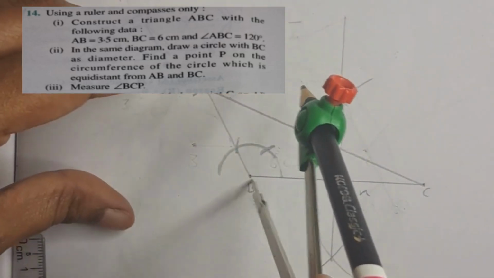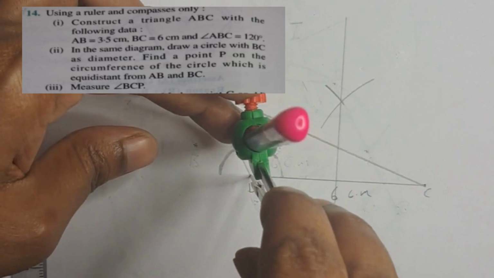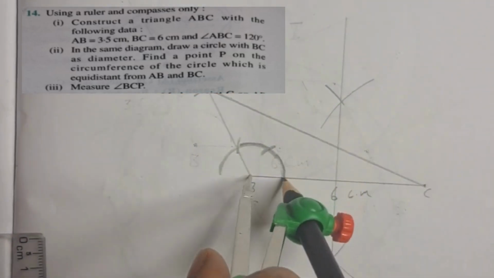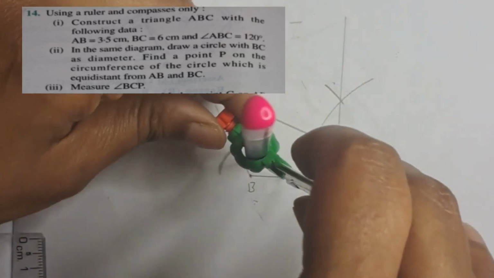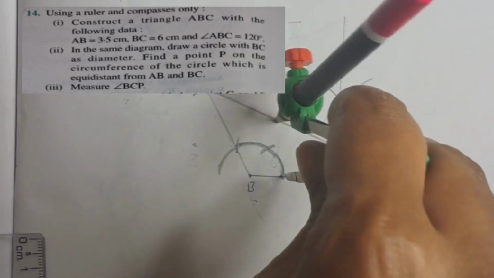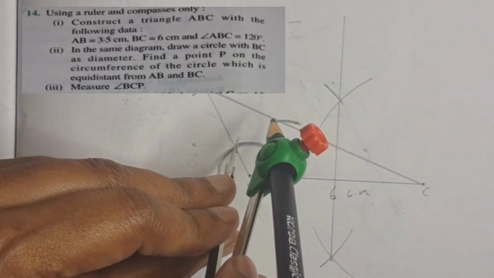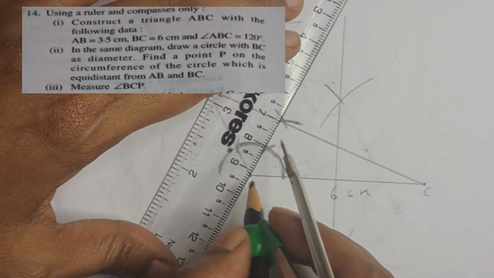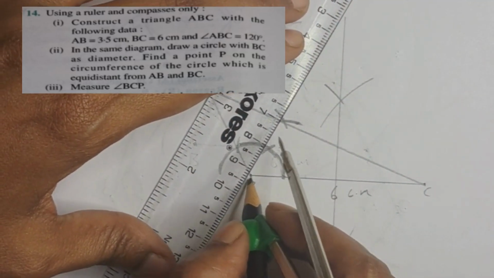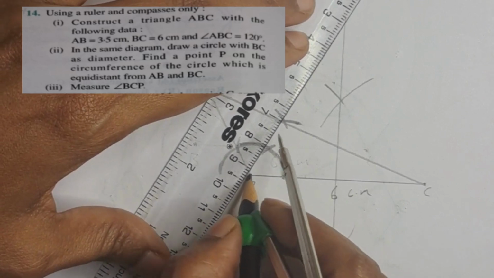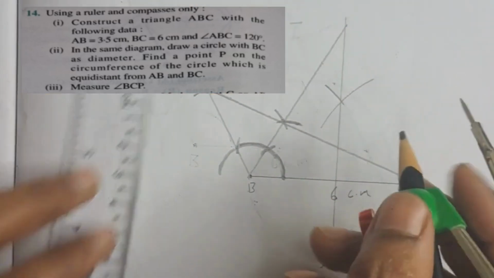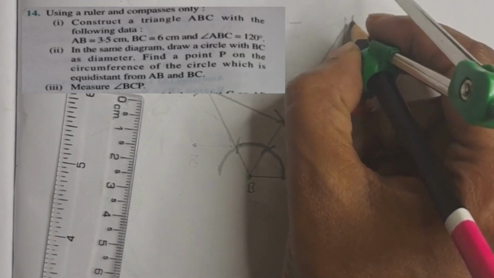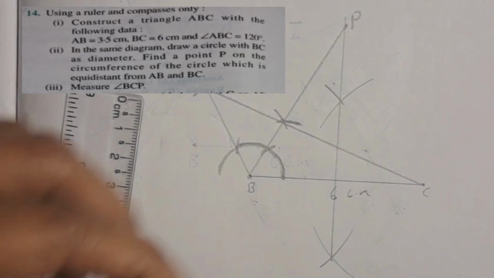Next, from B we have to draw the bisector of angle B, from here one arc, from here one arc. We should draw the angle bisector. Where these two lines intersect, we put one point P.